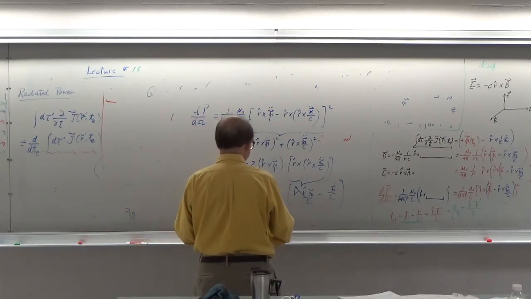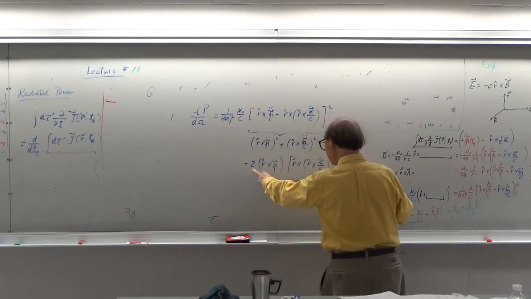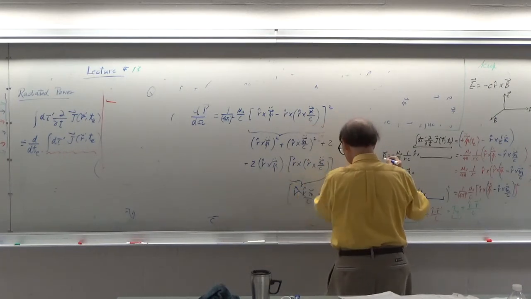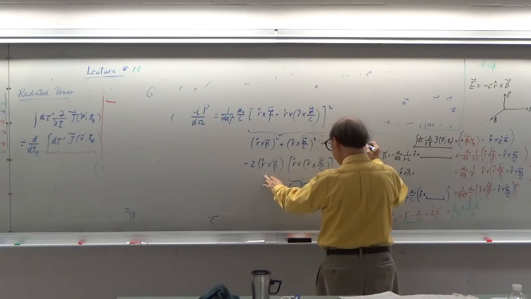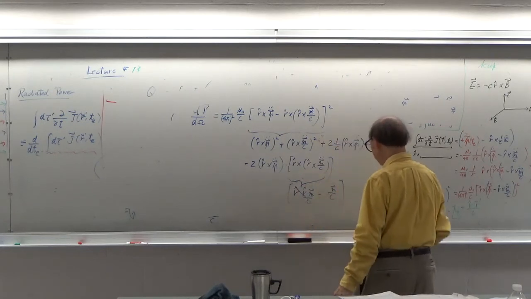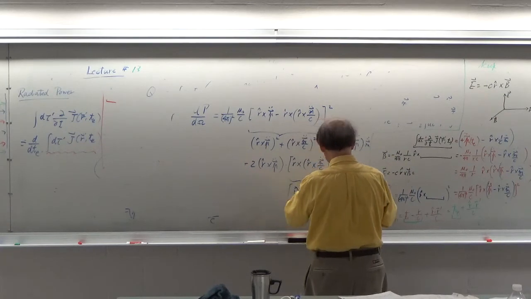So that I can rewrite this second term as minus, is plus, 2 times 1 over c of r hat cross p double dot, dot m double dot. Isn't that right? Minus and plus. Okay.